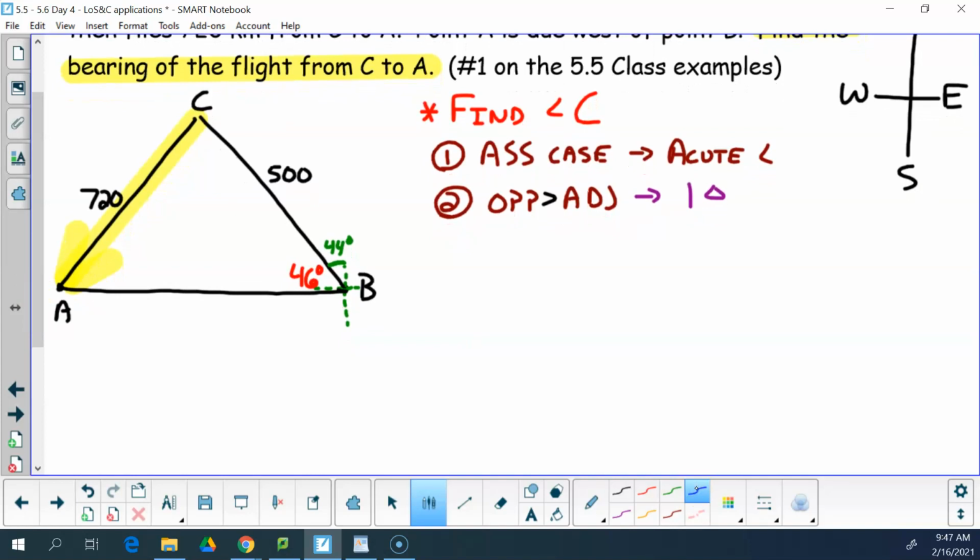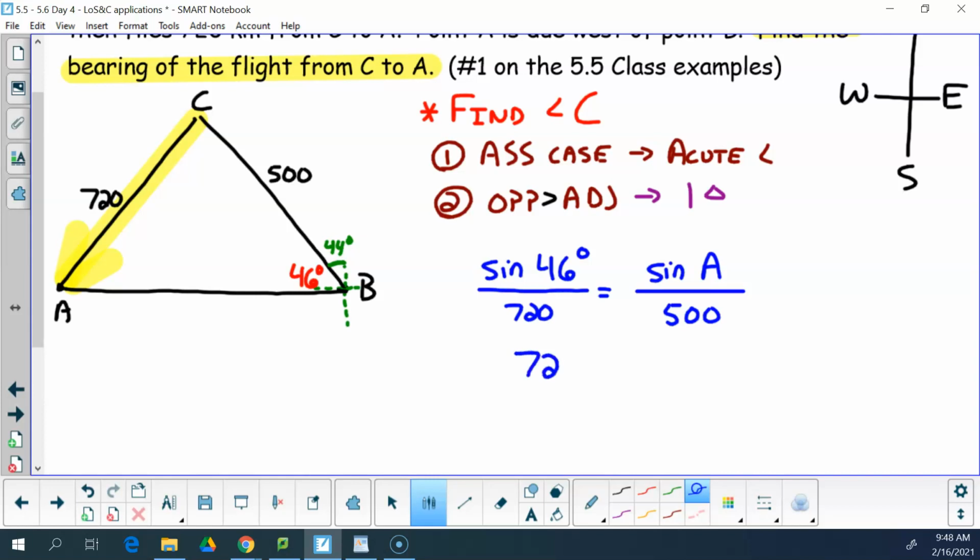So the law of sines says the sine of 46 degrees divided by 720 is going to equal the sine of angle A divided by 500. So we actually do have to find angle A in order to find angle C, which is fine.